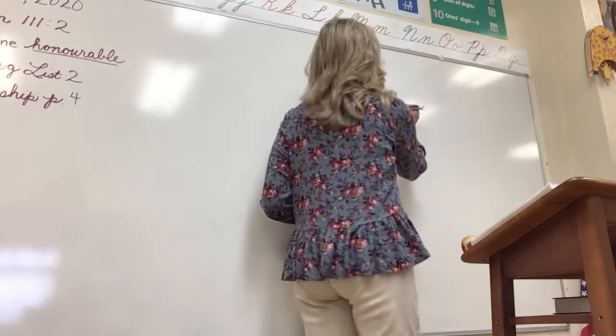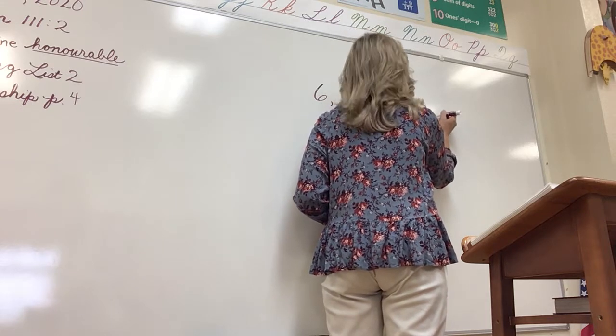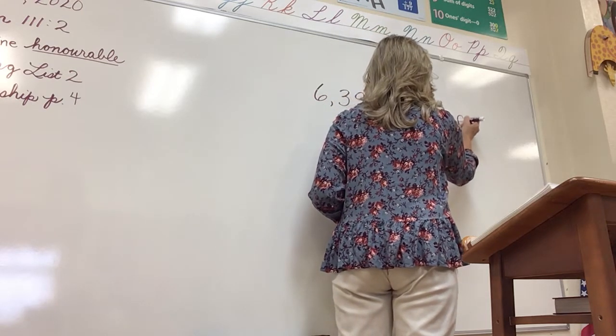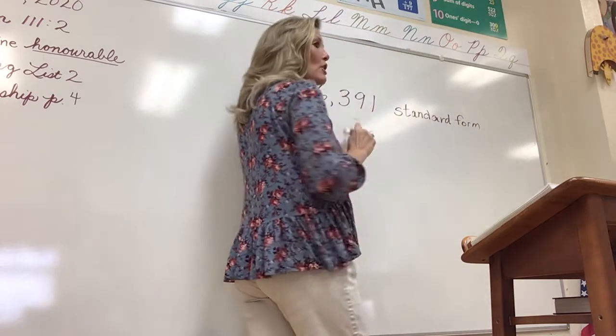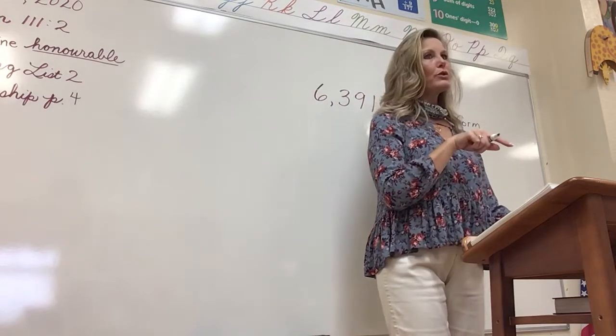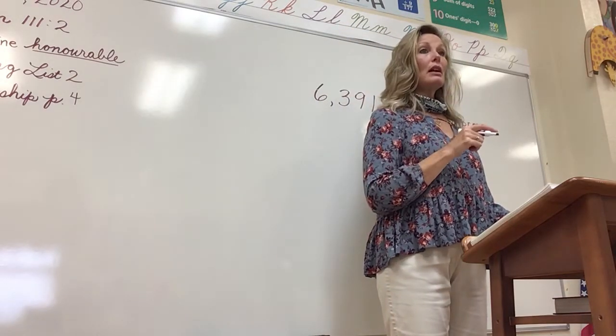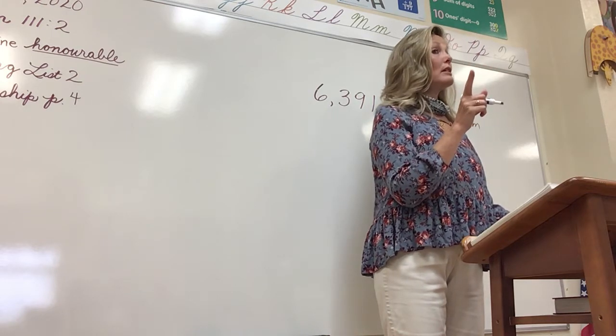No? Standard form. If I've used digits, it's called standard form. What is the other form that they used in number one? Mason? Expanded what? It's more specific than that.